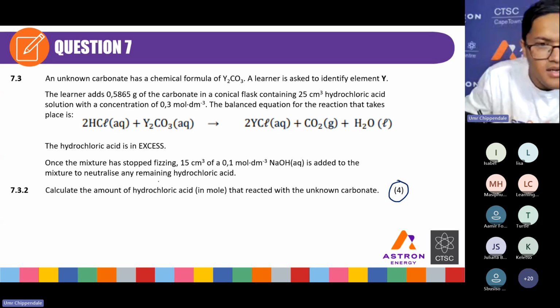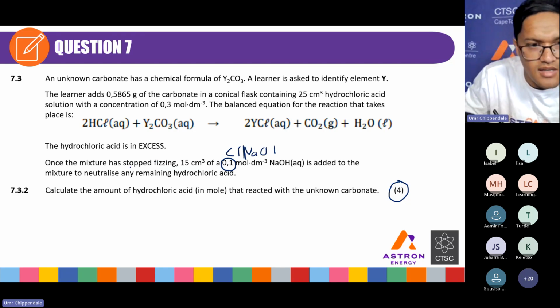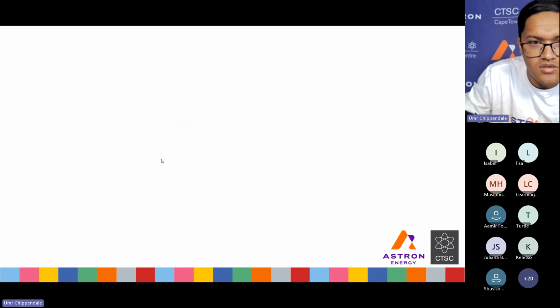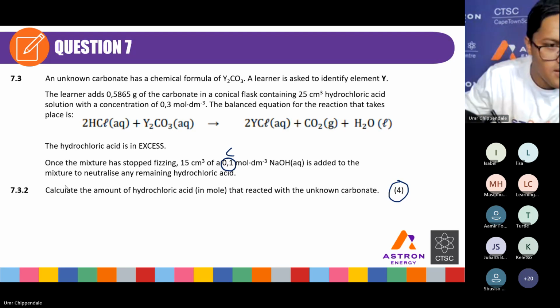We were given this of our sodium hydroxide. 0.1 is our concentration of our NaOH. Let's erase that. So the concentration of our NaOH is equal to 0.1.